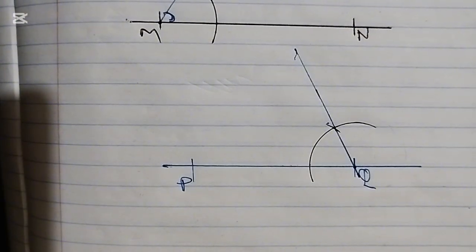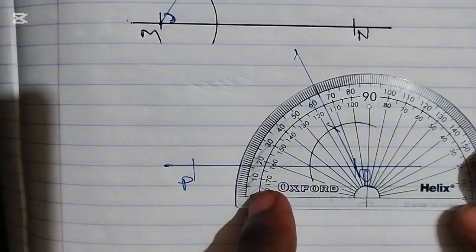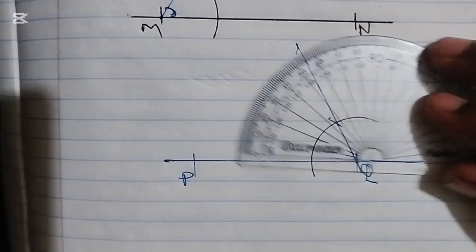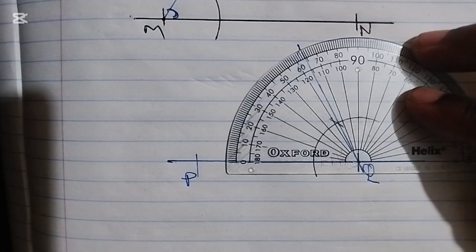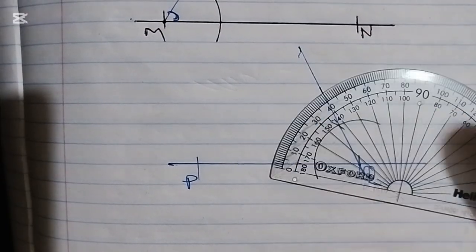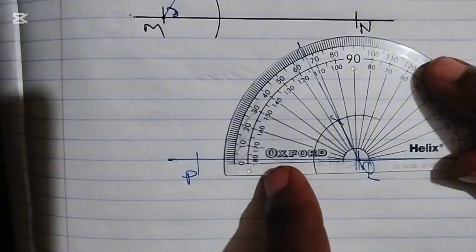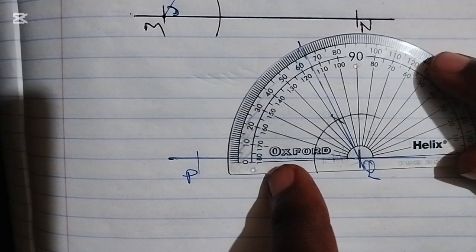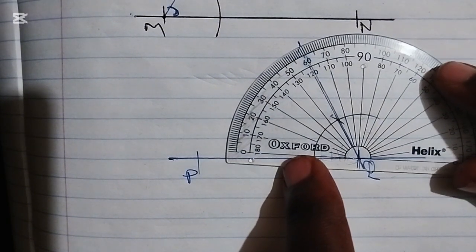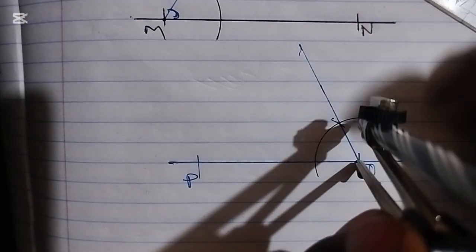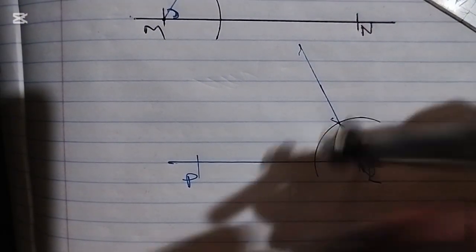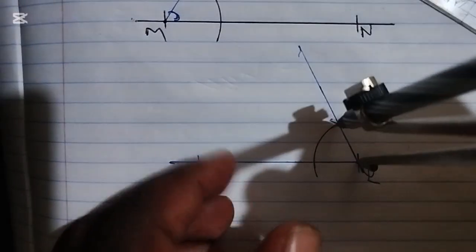When I measure that angle, it should be exactly 60 degrees. Let's confirm. Sorry, let me just confirm what I've done. I stood at Q. Yes, I made an arc like that.